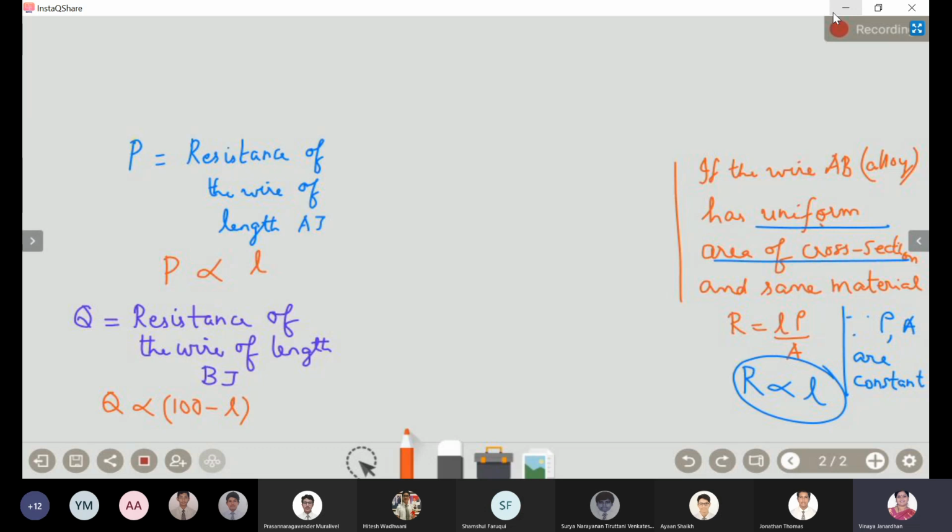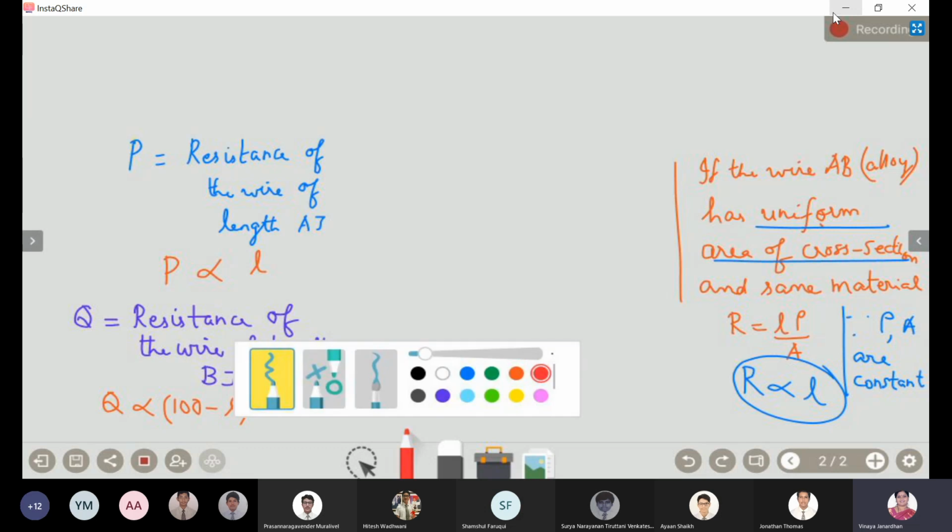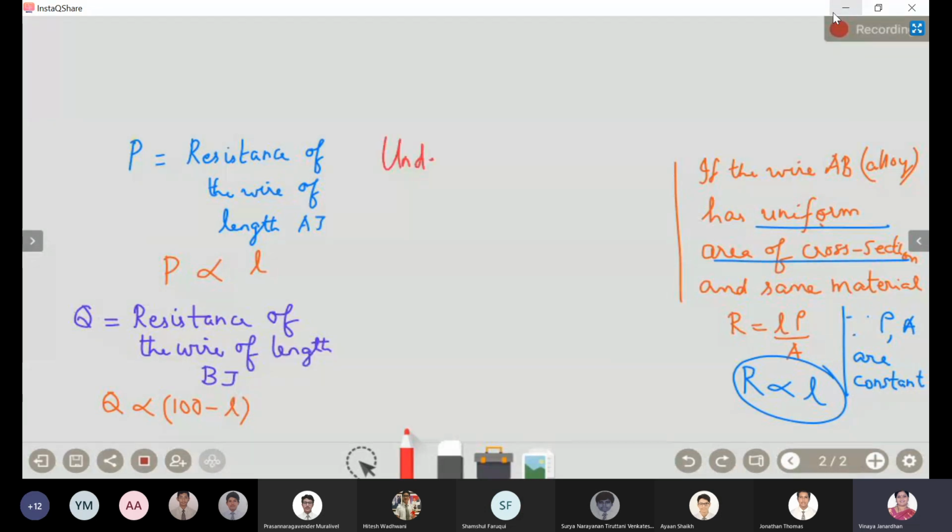Now we'll go for the balanced condition. Under the resistance balanced condition, your galvanometer should show zero deflection.